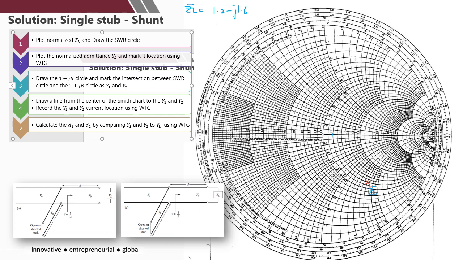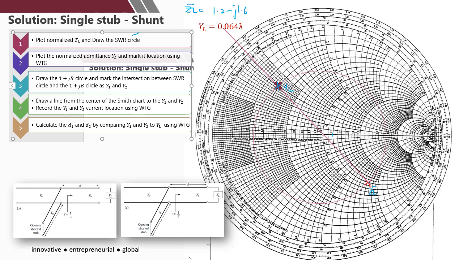Then draw the SWR circle from the center of the Smith chart, and then plot the normalized admittance and mark its location using the towards generator wavelength. So from the center, the opposite position, this will be your YL. Mark the position of YL and also get the towards generator current position.